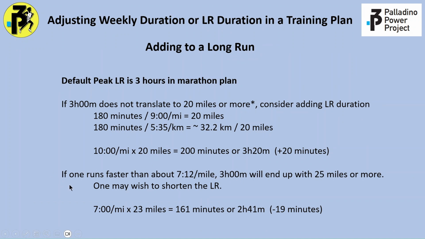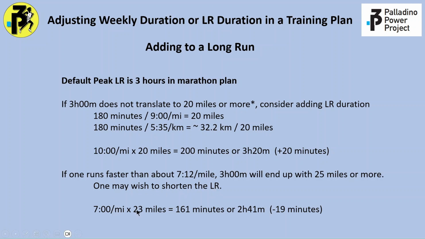Now, the other thing I wanted to talk about is if someone's running faster than about a 7:12 mile, 7 minutes and 12 seconds per mile for 3 hours ends up to be about 25 miles. I don't think there's much need to run more than 25 miles. And it can even go a little bit shorter, maybe cut down to 22 miles. But when you're running faster than 7:12 per mile on average in your long runs, then you may wish to shorten the long run.